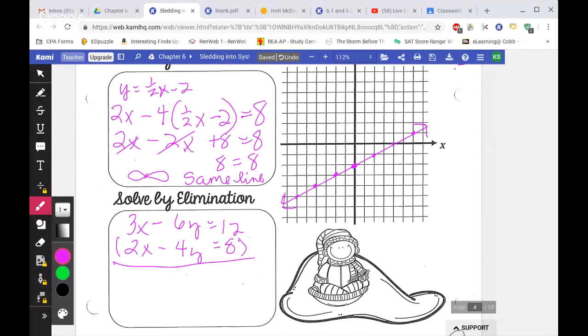So I would have to multiply both of them. This one by 2 and this one by 3. So 2 times 3x is 6x. 2 times negative 6y is negative 12y equals 12. And 3 times 2x is 6x. And 3 times negative 4y is a negative 12y.